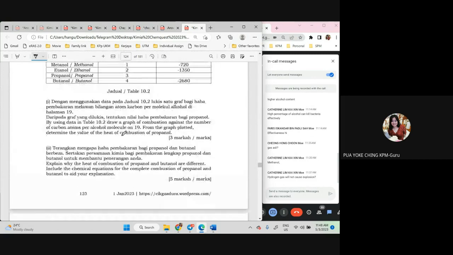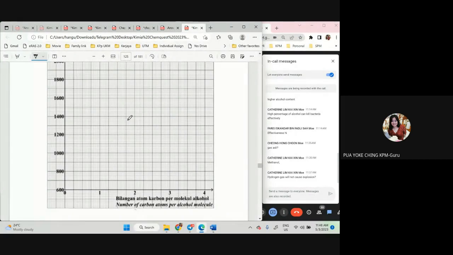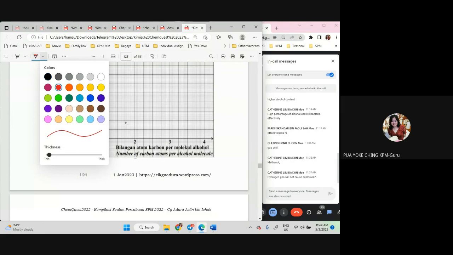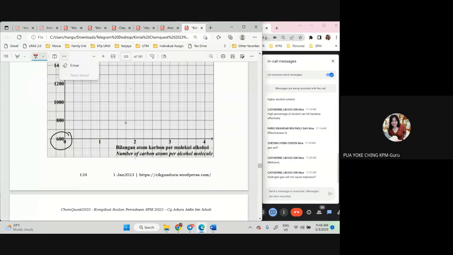This is the draw the graph. Okay. Ini kalau is already given the value. Graph ni baik sebab is already given the scale. I just want to remind if you got the graph which is blank, yang kosong.